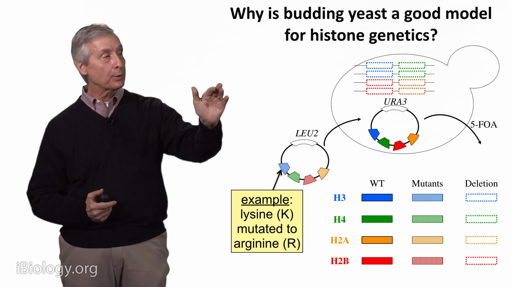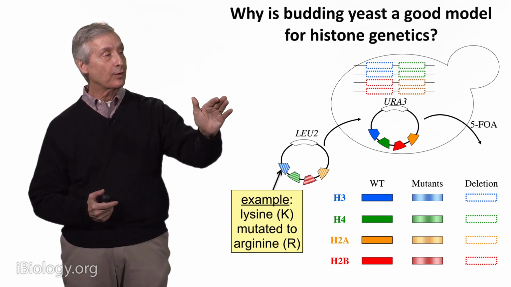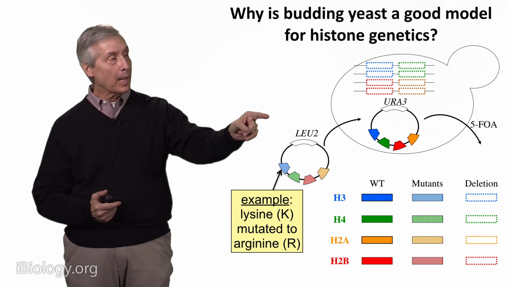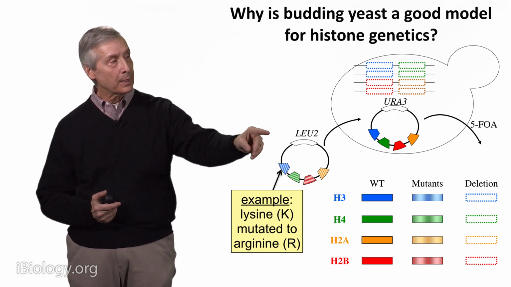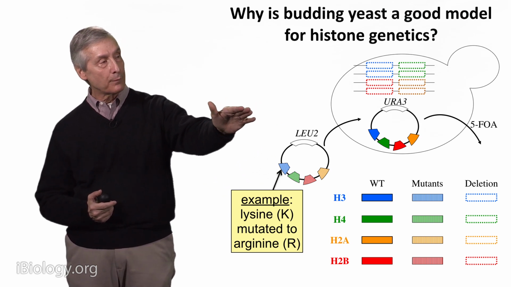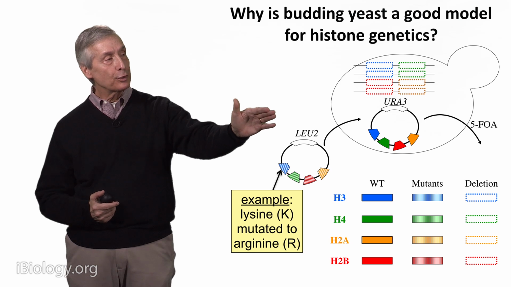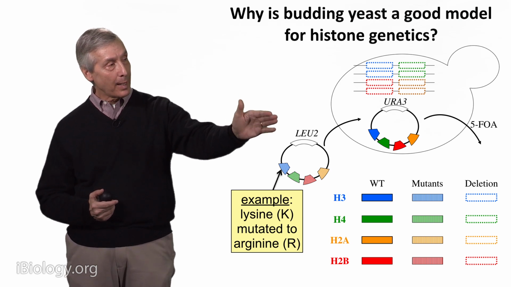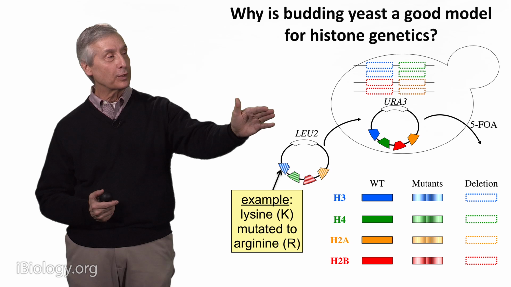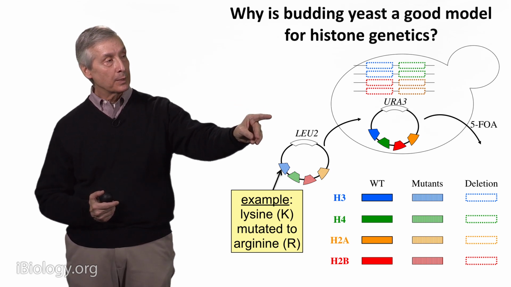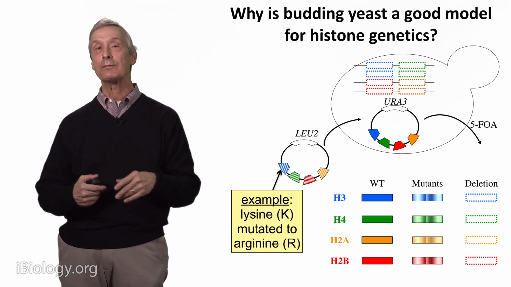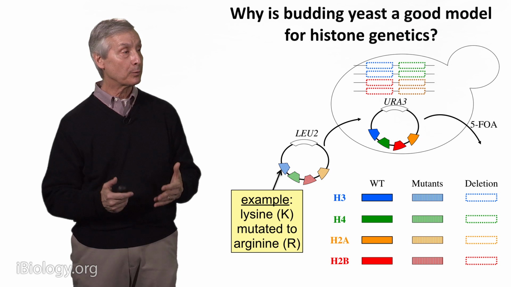And then the brilliance of this genetic system set up by these researchers was they realized that you could do this trick of what we call a plasmid shuffle, where you could mutagenize a plasmid on the left, the one that's marked with a LYS2 marker, and that could carry a mutation of interest. So in the yellow box, I'm giving you an example with the blue histone; I've been focusing a lot of my attention on histone 3.